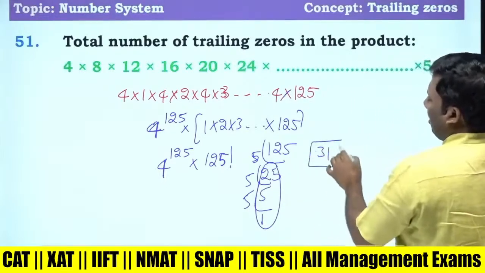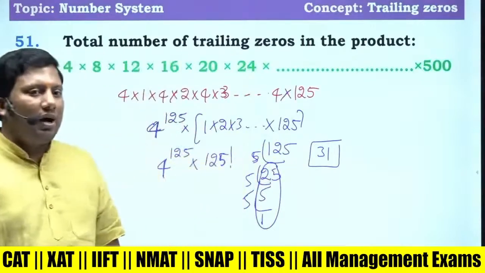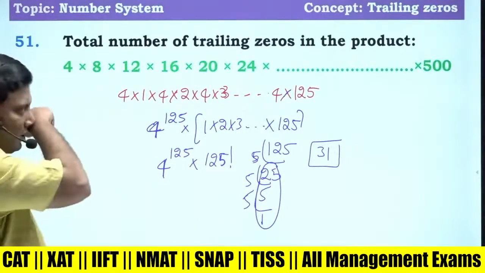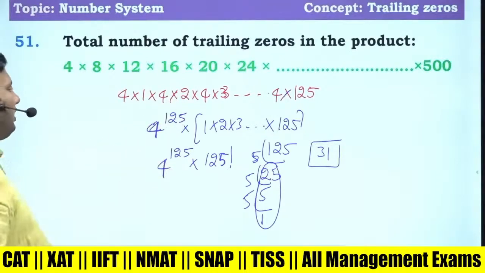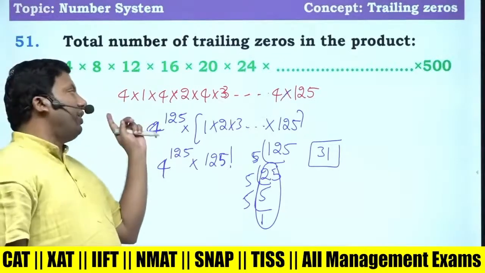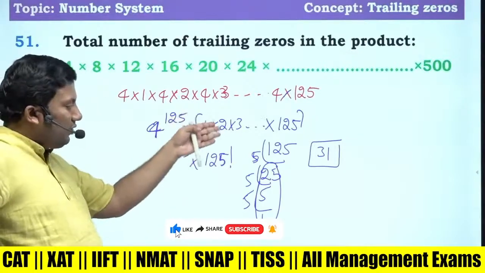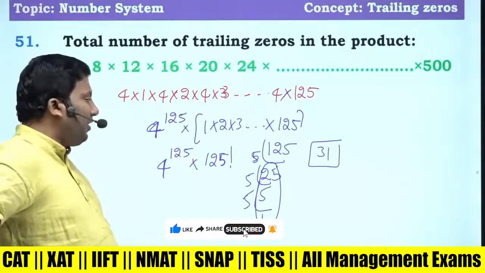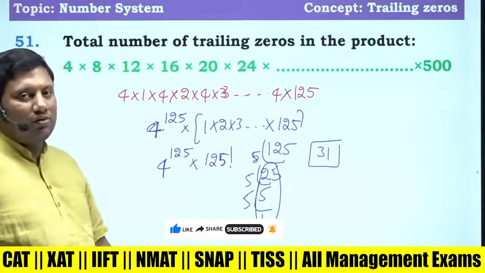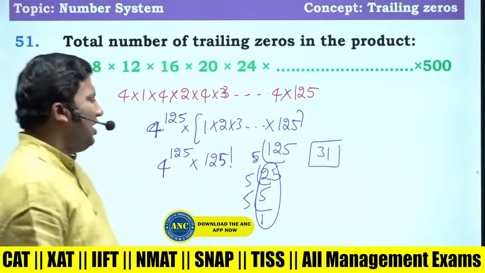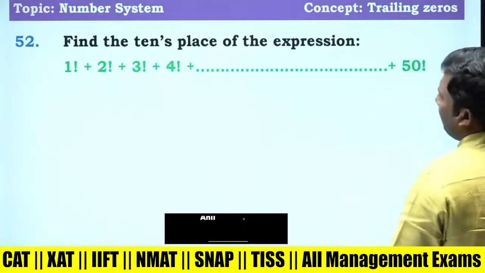Answer for this question is, number of trailing zeros will be 31. 4 1s are, 4 2s are, 4 3s are, 4 125s are. 4 power 125 into 125 factorial. 125, it will be 5 25s are, 5 5s are, 5 1s are. 31. So number of zeros will be 31. Idea clear? This question, various models we already discussed.